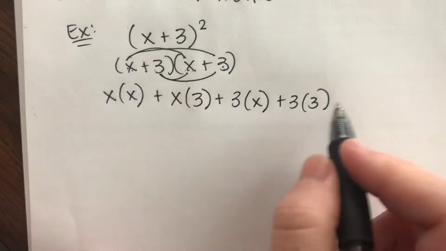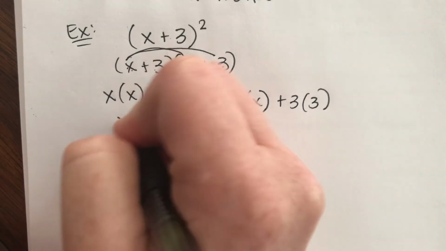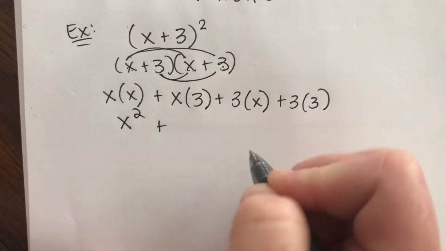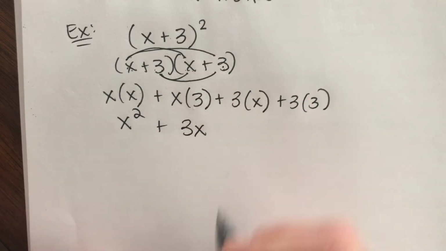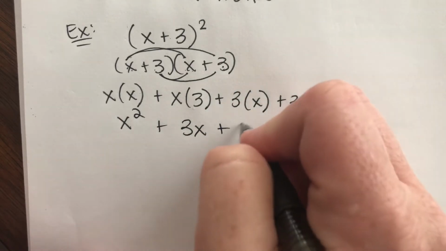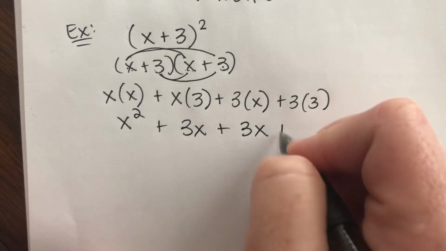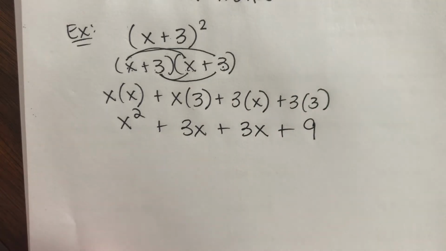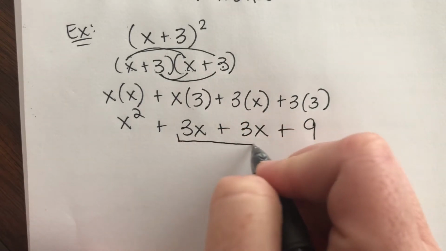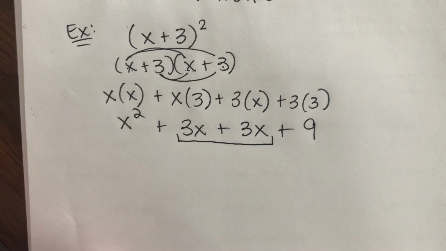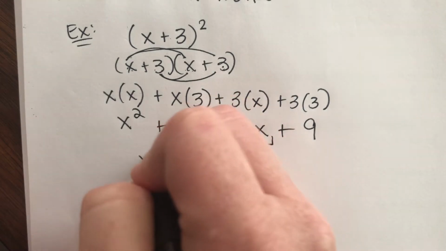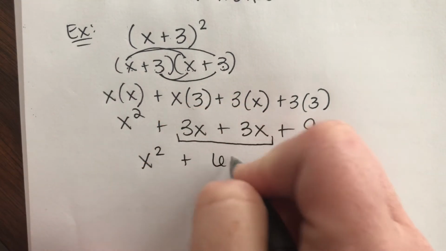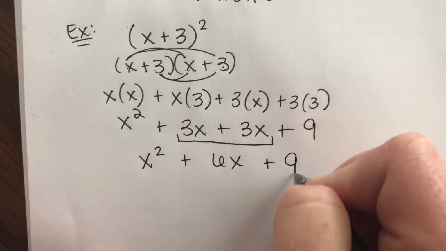Okay, so then when we simplify this, I get x squared plus x times 3 is 3x plus 3 times x is 3x plus 9. And then we notice here in the middle, we've got two of these, right? So when we combine them, I get x squared plus 6x plus 9.